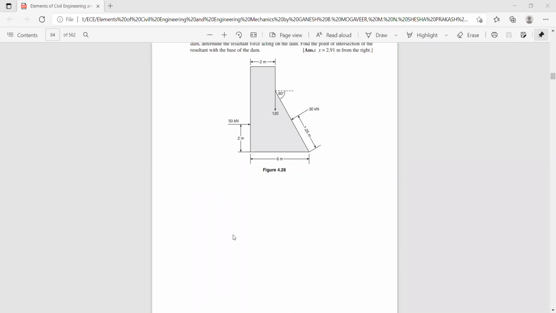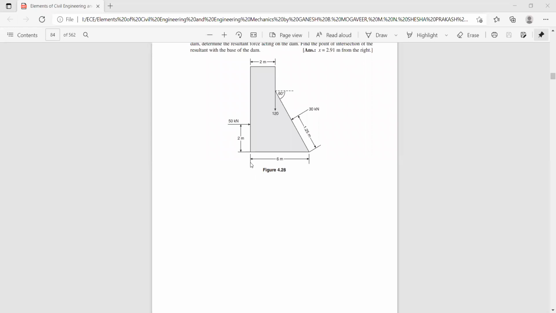You write sigma MA. Sigma MA is equal to 50 into 2. This is the line of action, and this height is the perpendicular distance. It creates a clockwise moment.